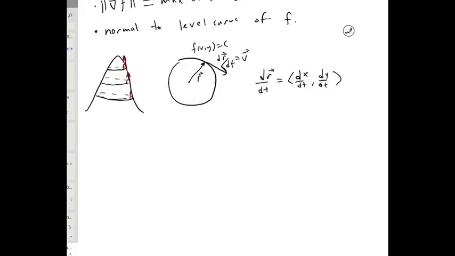So we know that f of x, y equals c, but since this curve is parameterized as r equals r of t equals x of t, y of t, our f is going to be in terms of t.